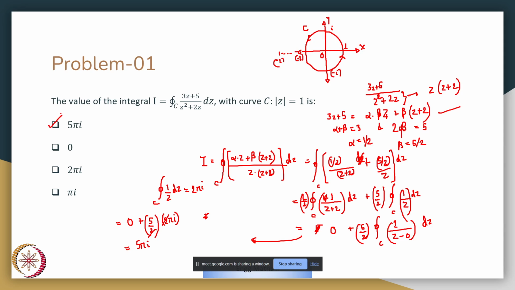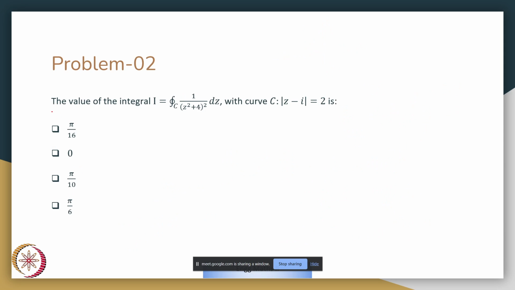With that clear, we now move to problem number 2. Problem number 2 again asks to calculate an integral, but this time for a different integrand as well as a different curve. So we are asked to draw it for norm of z minus i equal to 2. Again it's a circle.